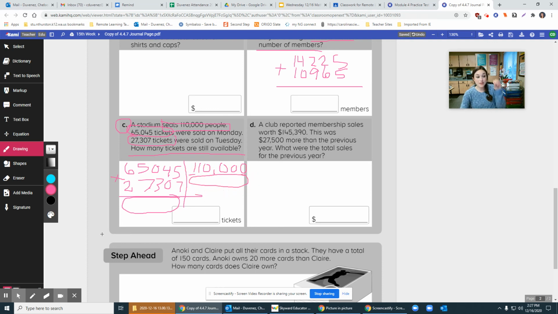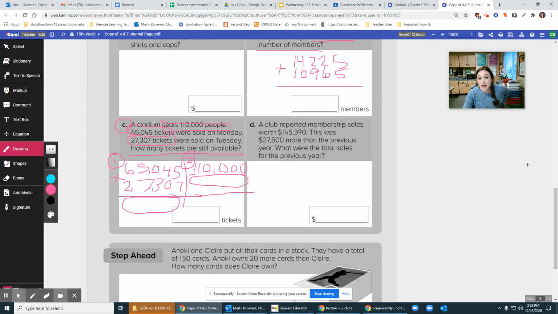Okay, so first add those 2 numbers together. That's how many tickets were sold on Monday and Tuesday. Find that total, then subtract it from the total number of seats available before they were sold, and then whatever's left is what's left to buy, how many tickets are left. So that's actually 2 steps. You have to do both parts to solve that problem.